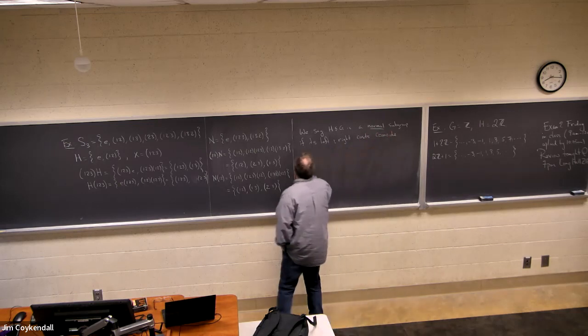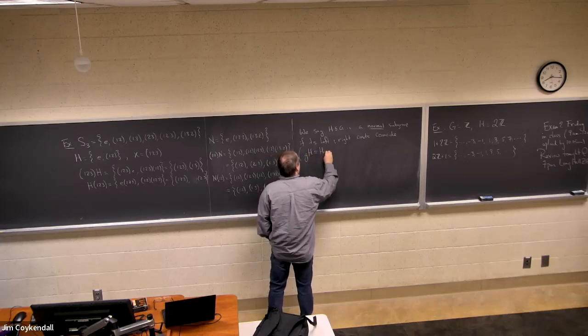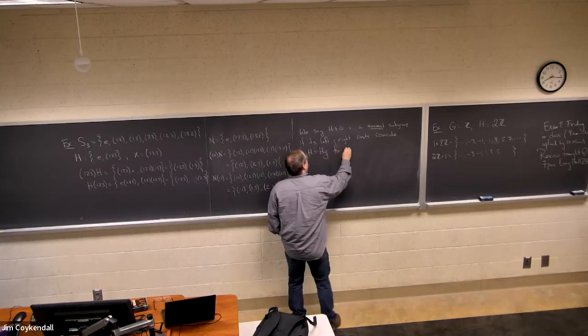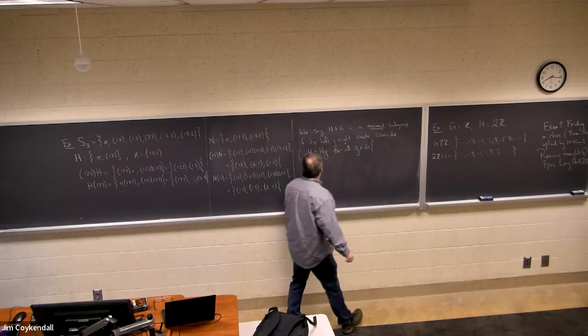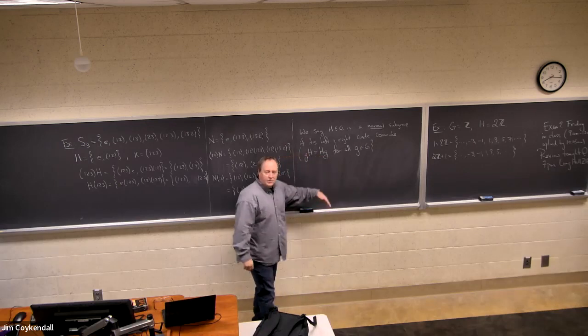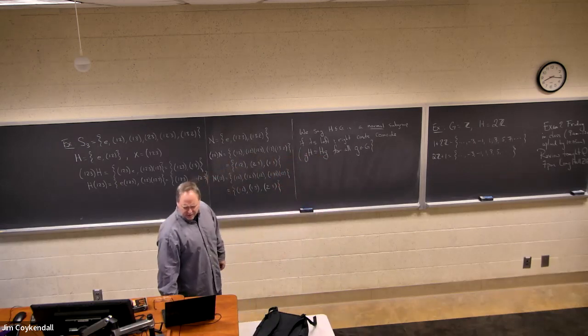That is, when you do this little computation, you get the same thing. Put the G on the left, put the G on the right, you get the same collection of elements.